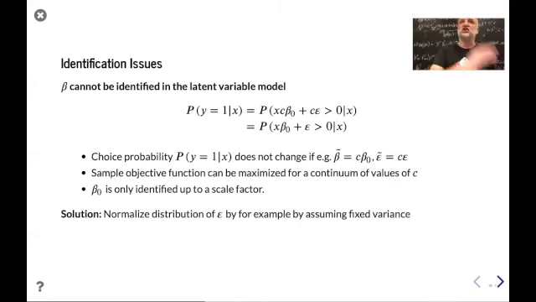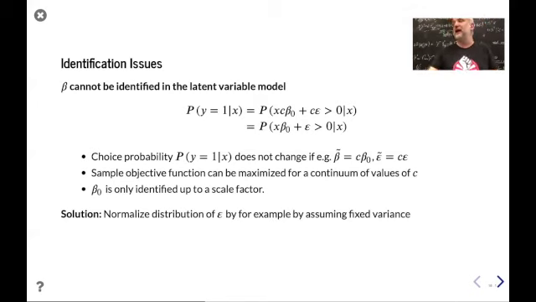And in the jargon of chapter 12 of Wooldridge, there's not a unique maximum of the likelihood function, or the objective function. So that's not good, and that means lack of identification. The problem here is really that beta naught is not identified.